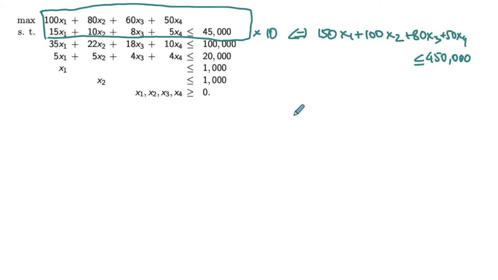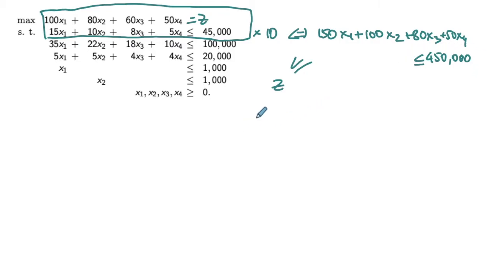And because of that we can say that our objective z is less than or equal to the left-hand side of our constraint. Why? Because all the x's are non-negative and the coefficients for x's here are at least as large as they are here. Therefore, we get an upper bound on the objective by looking at the left-hand side of our constraint, and clearly the right-hand side of the constraint will give us an upper bound as well.